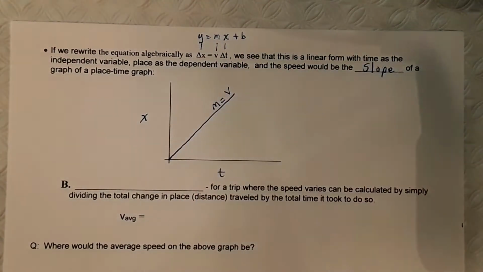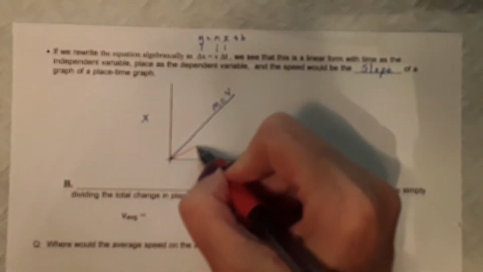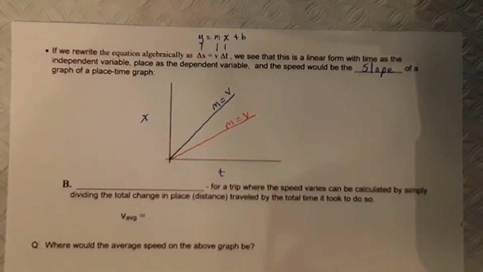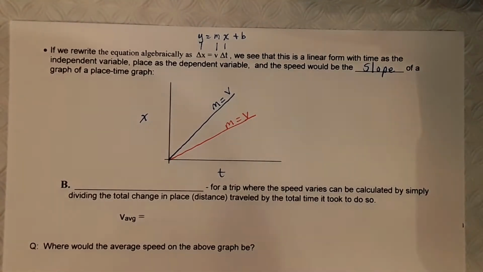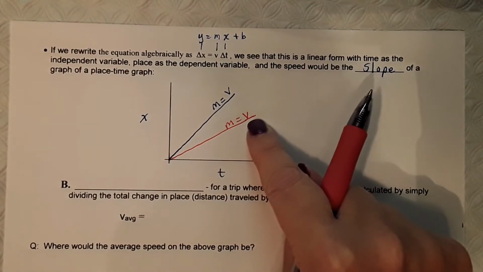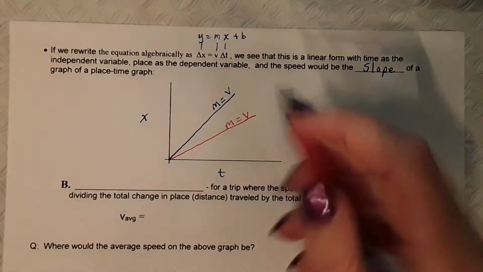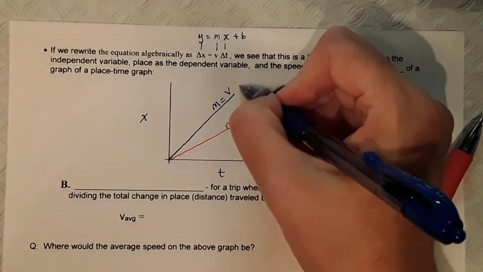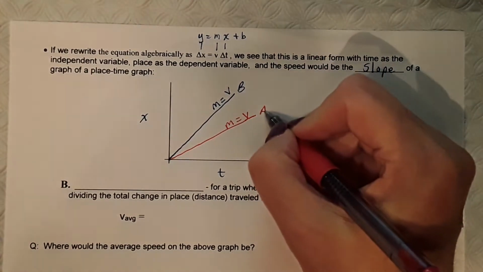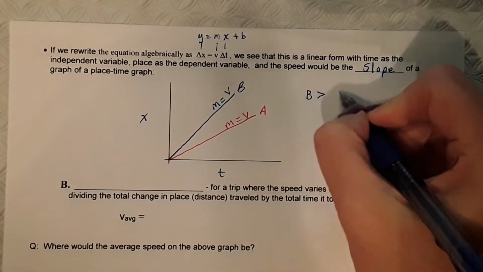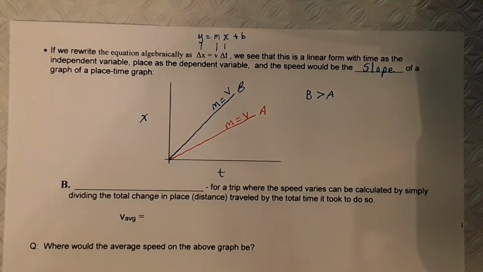If we looked at a different slope graph, we would get a different speed. But is it greater or less than? Well, the less steep the slope is, the smaller the value of the slope, and therefore the smaller the speed. So here, if we label these A and B, just keeping our colors consistent, then we can see that the speed for object B would be greater than the speed for object A. Okay?